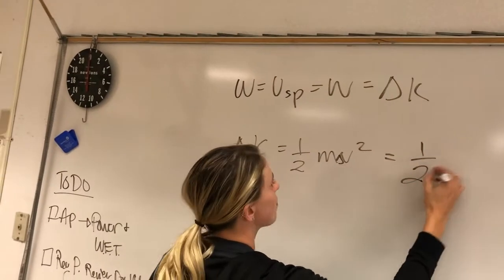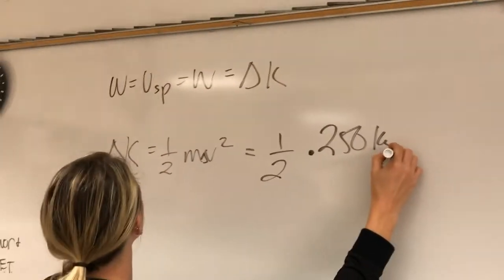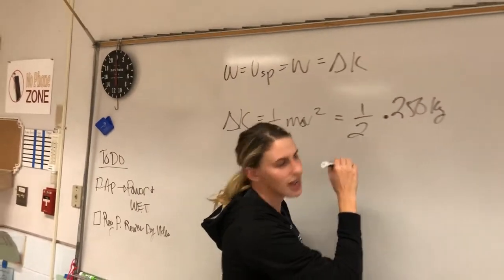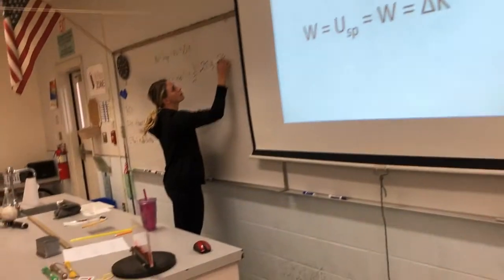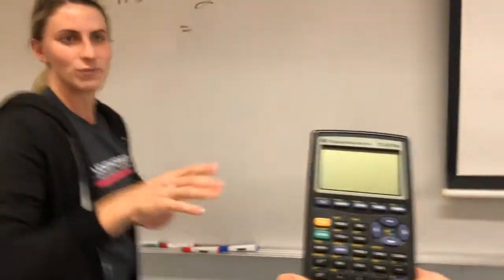So 1/2, the mass of the car was 0.250 kilograms, times the velocity. The change of the velocity was 0.796 meters per second. Let's get our answer here for our kinetic energy.